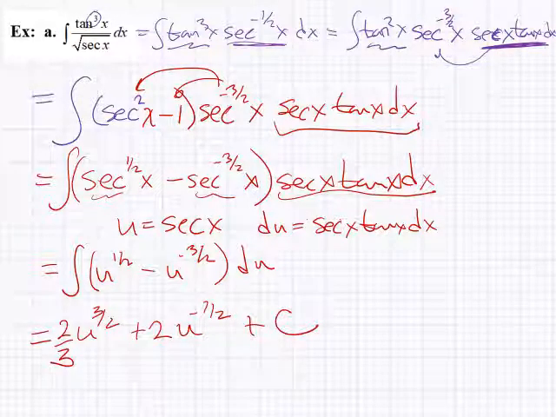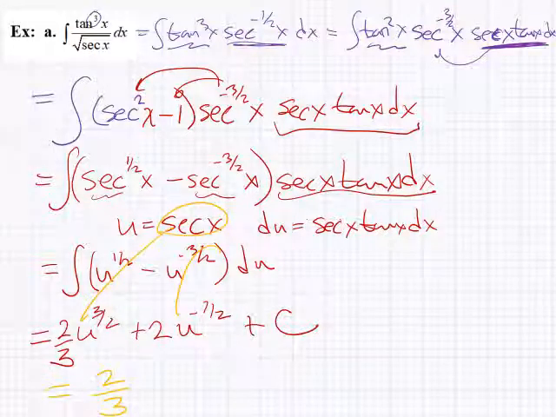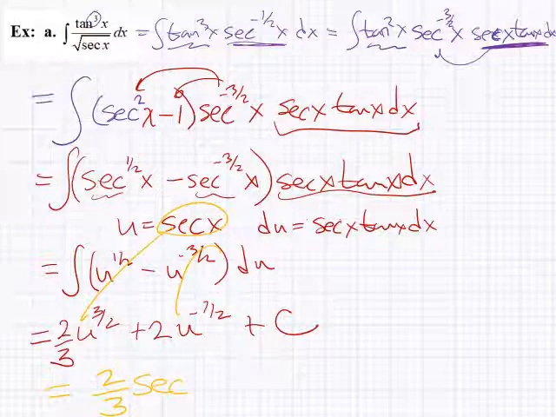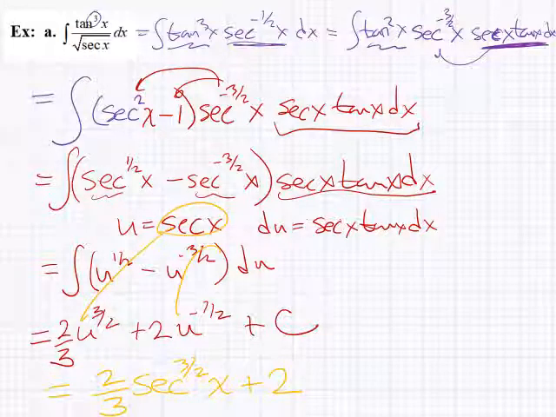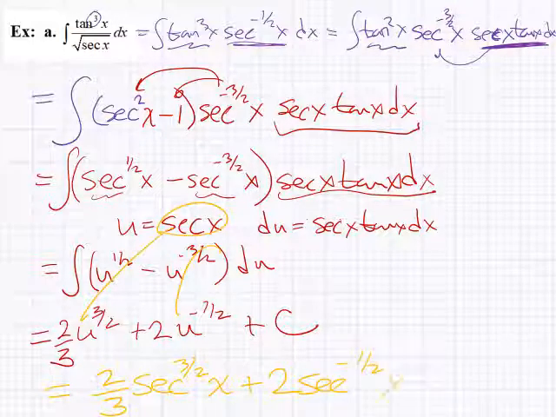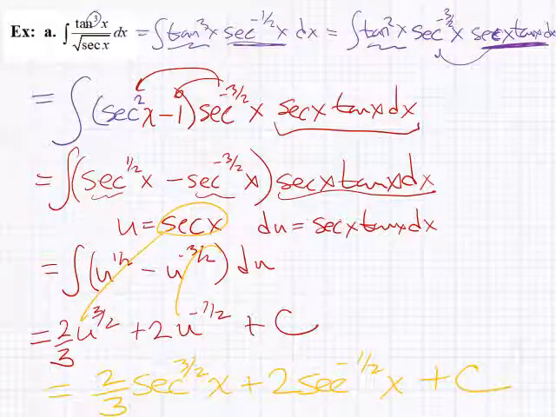Replace your u in, and we're done. So 2/3 times secant to the 3/2 x plus 2 times secant to the minus 1/2 x plus c. That's it. It's a pretty easy one.